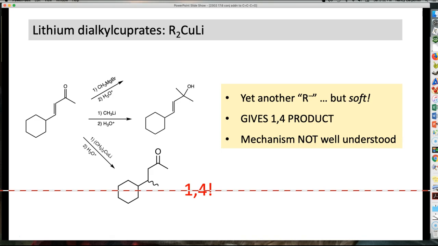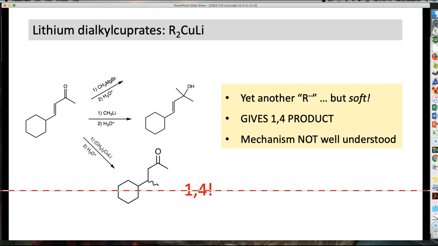So we have 3 different kinds of organometallic reagents now: Grignards, organolithiums, and cuprates, but cuprates are different. They are soft. How can you remember this? Well, one way I like to remember it is copper is a transition metal. It's a big fluffy teddy bear of a metal, if you will. That's how you can think of it as a soft nucleophile.